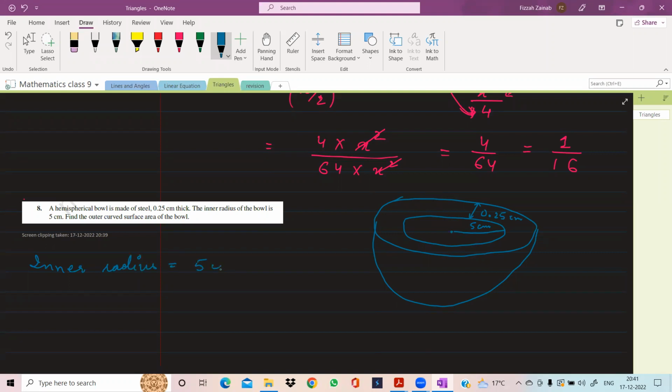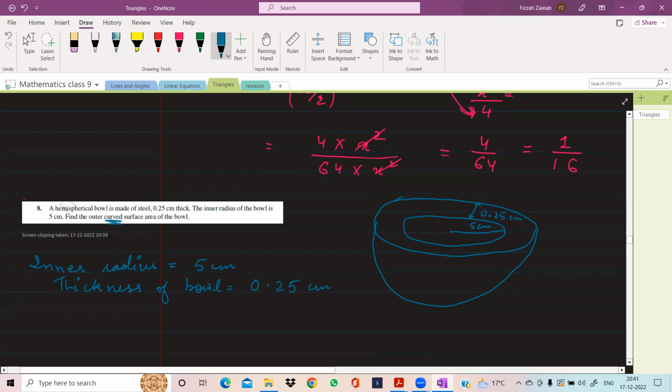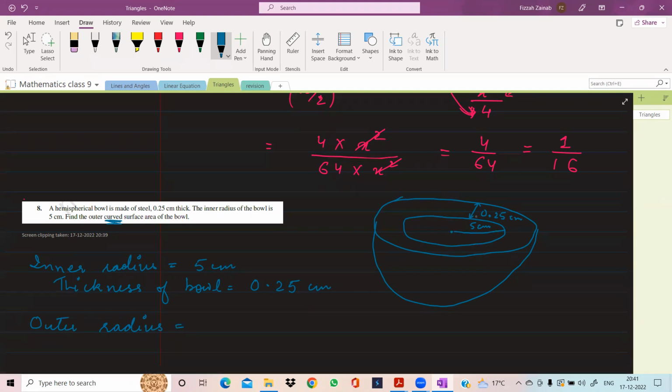Inner radius 5 centimeter. Thickness of ball, this is 0.25 centimeter, right? Now for outer surface area, only curved surface area, you require the outer radius. So can we find the outer radius here? So the outer radius is just like you have your inner radius and then you add the thickness to it. So you get the outer radius, isn't it? Right, Jaslyn? See, this is your inner radius.